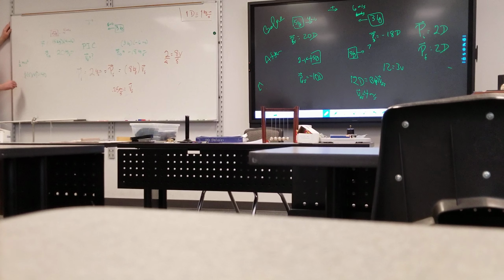And then over there, I've got 1/2 times 3 times 6 squared, which is 54. Add those two numbers together.